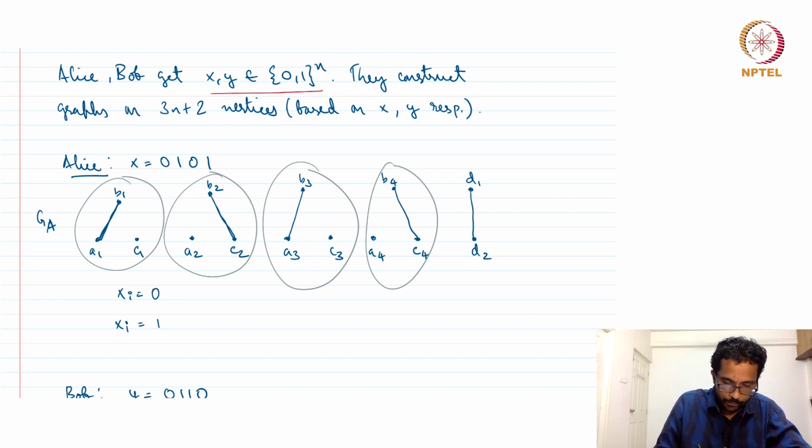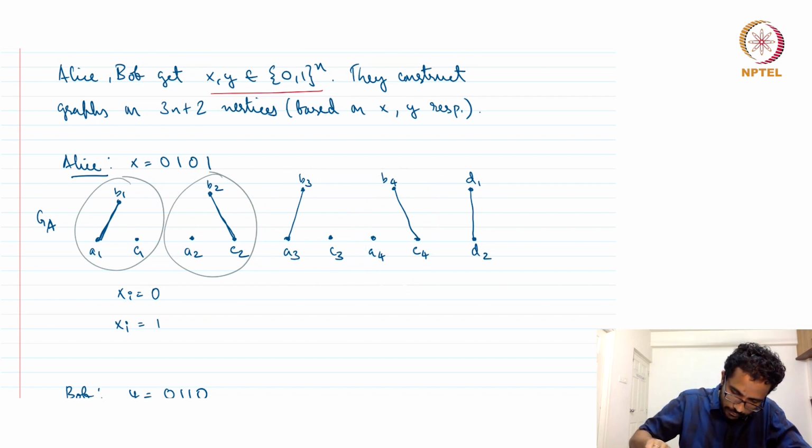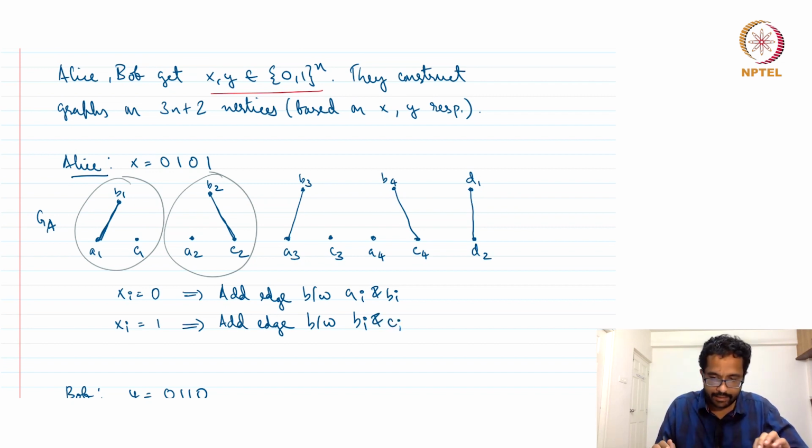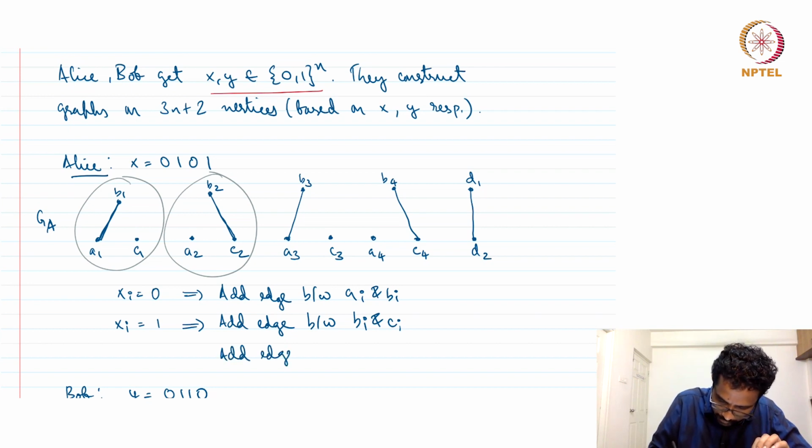Xi equal to 0 means add an edge between Ai and Bi, so you make Ai and Bi adjacent. Xi equal to 1 means you add an edge between Bi and Ci, and that's it. Finally, you also always add an edge between D1 and D2 for Alice.